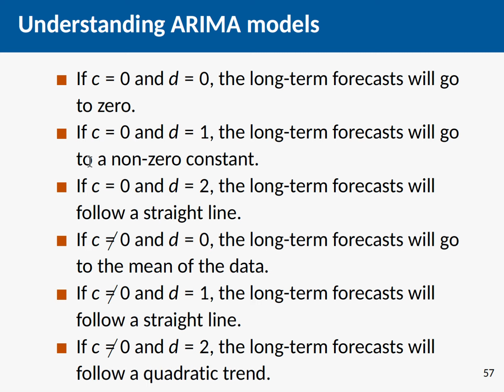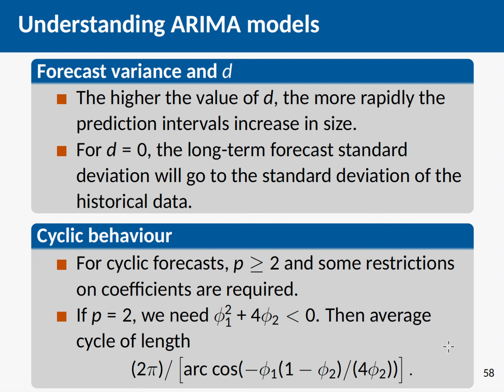Now, there are some caveats to understanding ARIMA models with different types of values given to the constant and the differencing term and what will happen to the long-term forecasts. You can take a look here. One thing to remember is that as the value for the differencing parameter increases, the higher the value of d, the more rapidly the prediction intervals would increase in size.